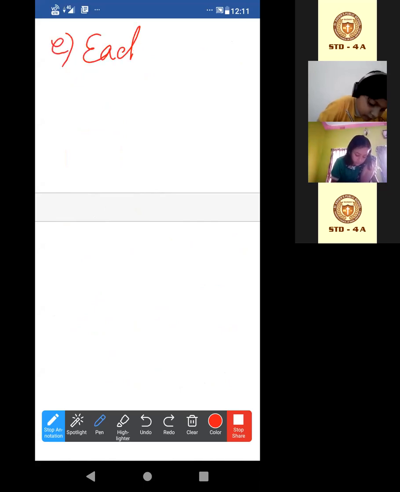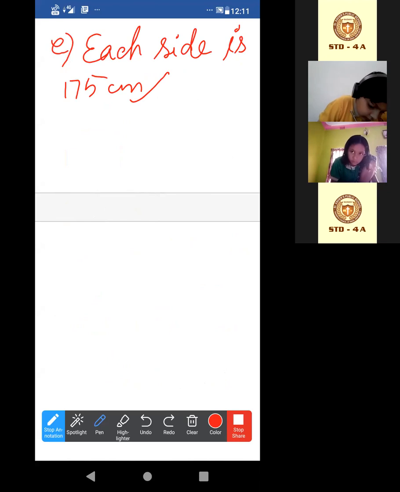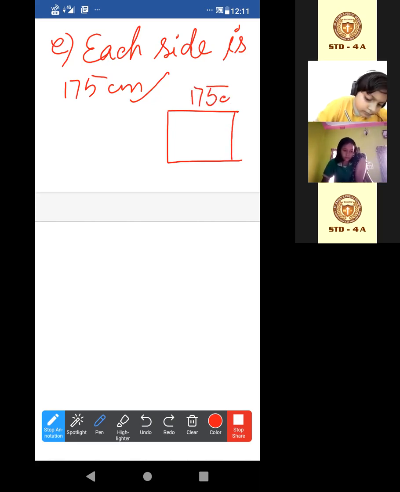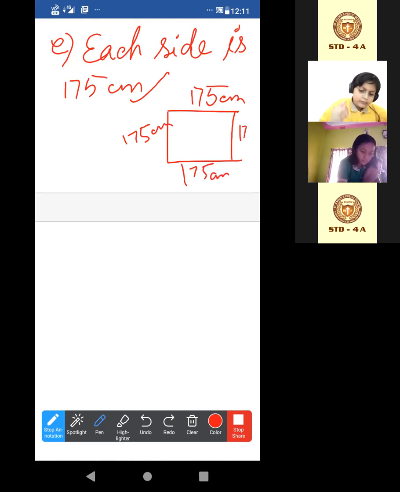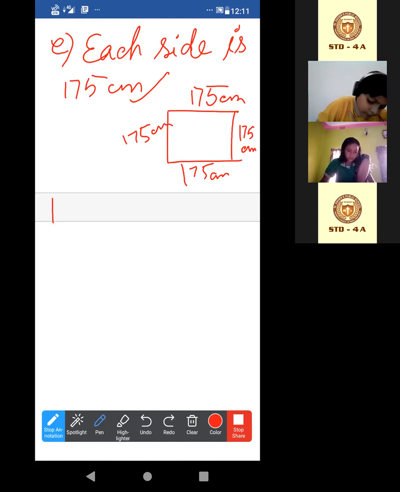Right, each side is this much. 175 centimeter each side. So directly write perimeter. That means look at this. If we draw the figure, this one is 175.